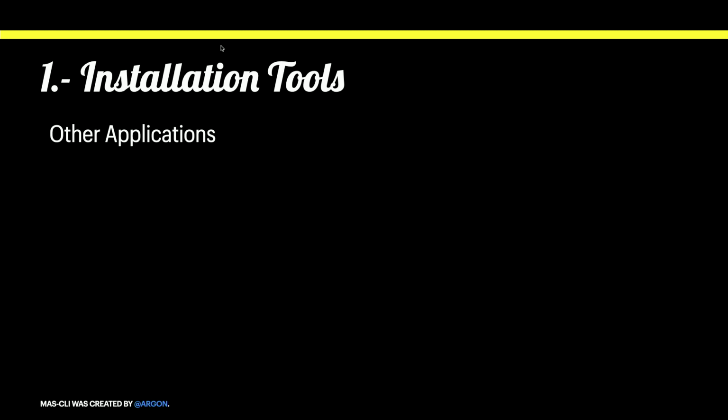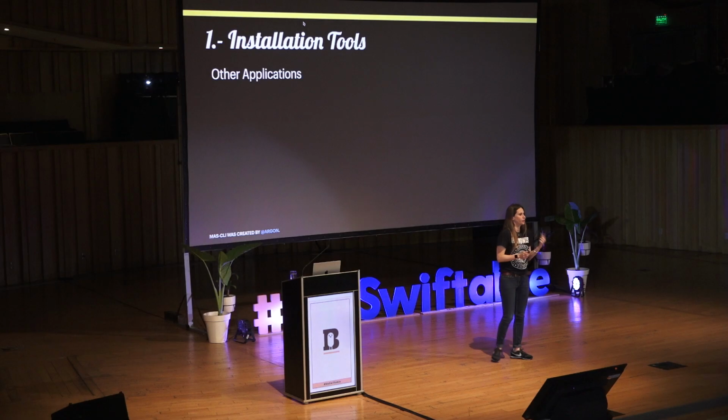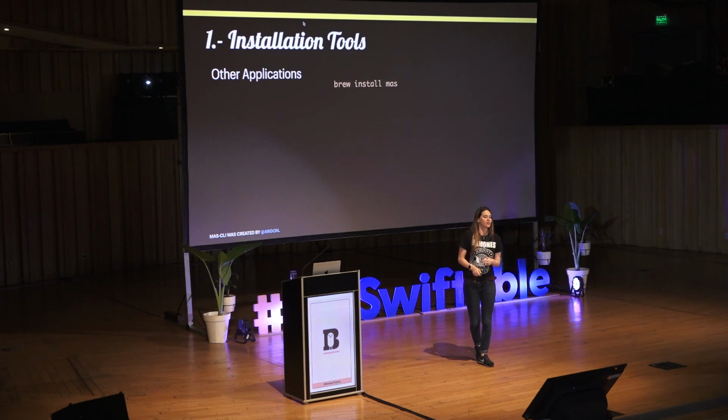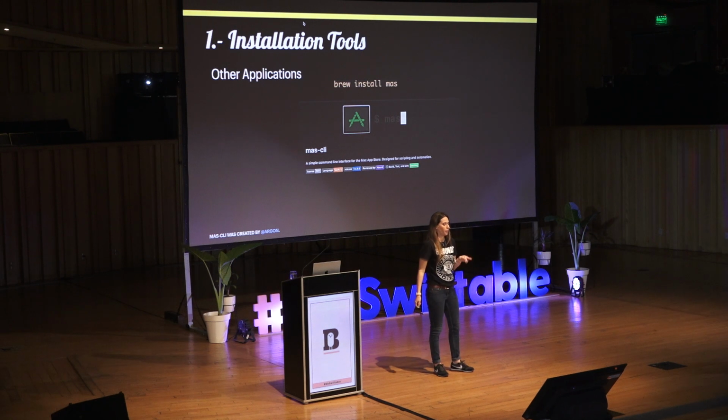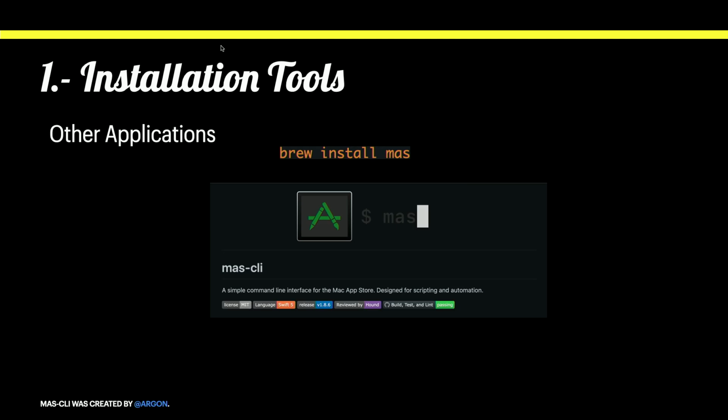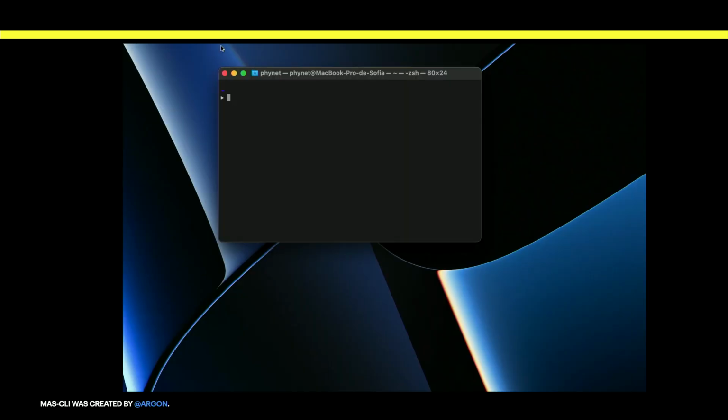But we need to install applications also. There is a command line tool to install applications as well, and this is called mas. mas is a short name for Mac App Store applications. And it works exactly the same.